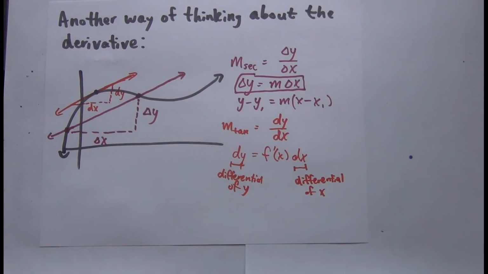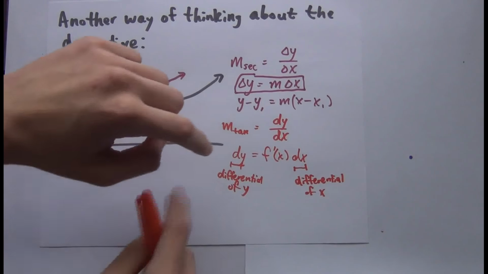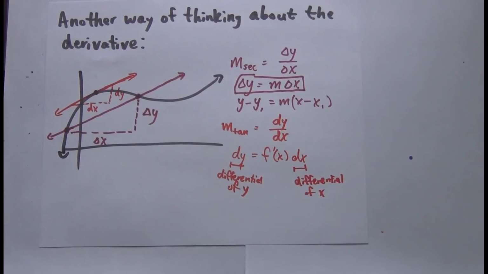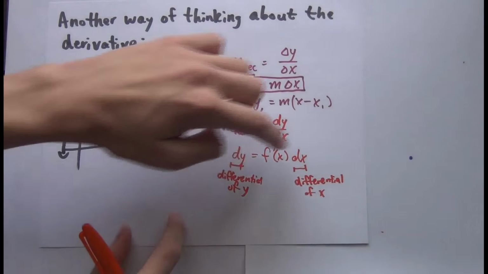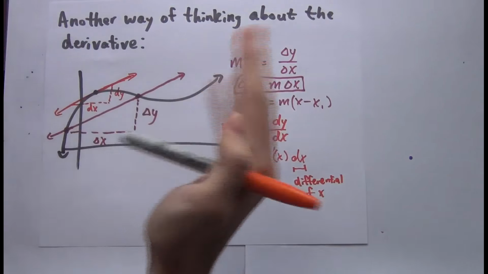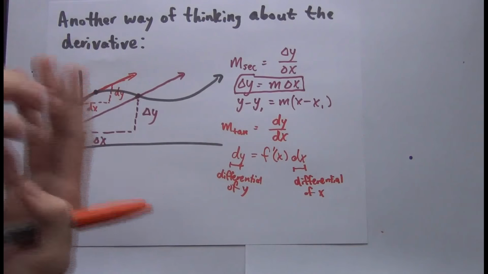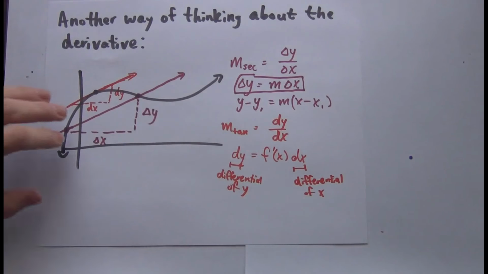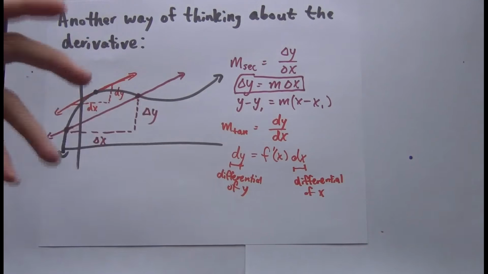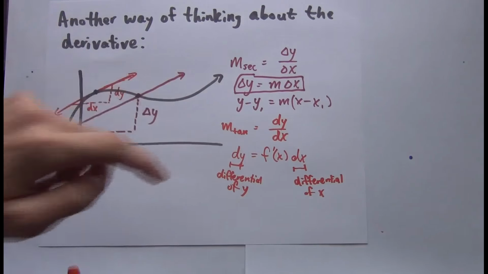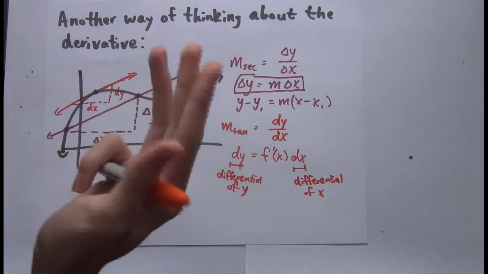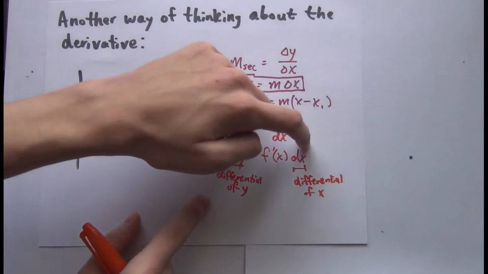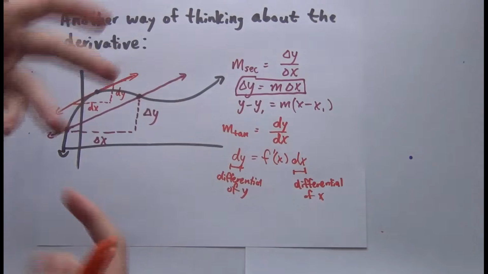Okay, so I want to make a quick note about differentials. Technically, if you're a math theorist, this expression is meaningless. Why is it meaningless? Because dy and dx are both changing at infinitesimally small rates, and they're approaching zero. And the only way to discover what they equal is to compare how fast your y value is going to zero, and how fast your x value is going to zero, because they're both going to zero.